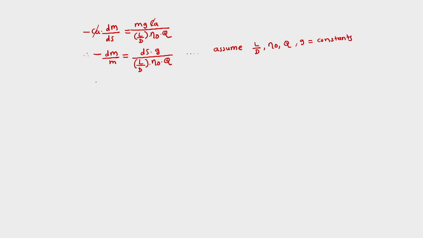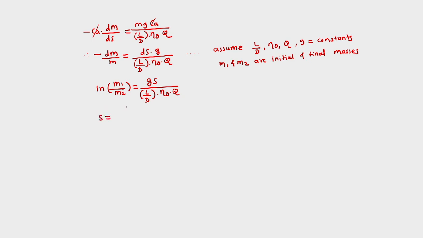Further, M1 and M2 are the initial and final masses. Having said this, we can get ln of M1 divided by M2 is equal to Gs divided by L by D into overall efficiency into Q, where S is the distance travelled by the aircraft.